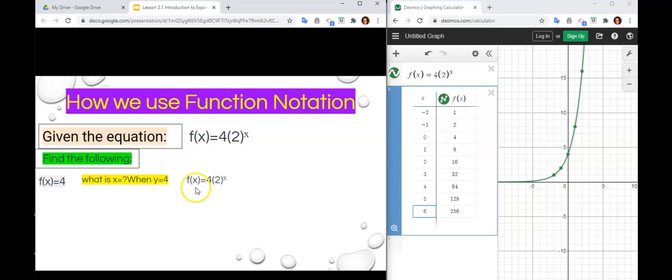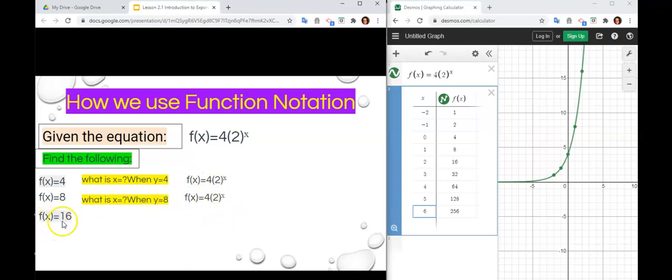So this is saying f of x equals this equation. We don't have anything to input at this point. This means we are still looking for x. It says what is x when y is 4, or when y should be 8. Had to go back and fix that real quick. But when y is 8, we're still talking about this function.